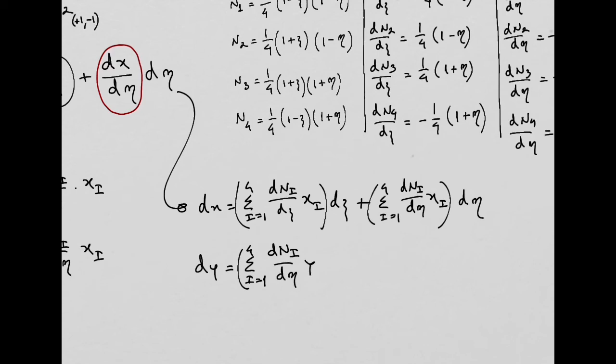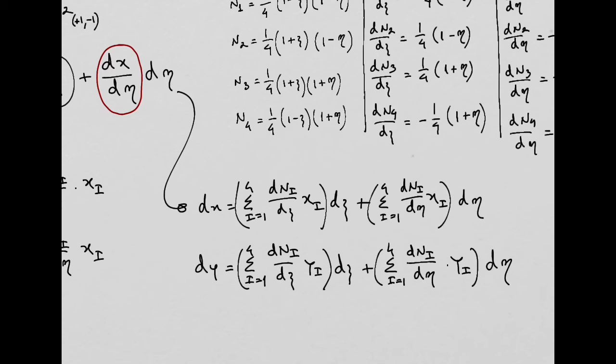Now this will multiply the yi coordinate d xi plus, now the derivative, sorry, I made a mistake here. This is not in order to eta, this is in order to xi. And now here is the derivative of shape function in order to eta times the coordinates y at the nodes, which will multiply the increment in the eta direction.